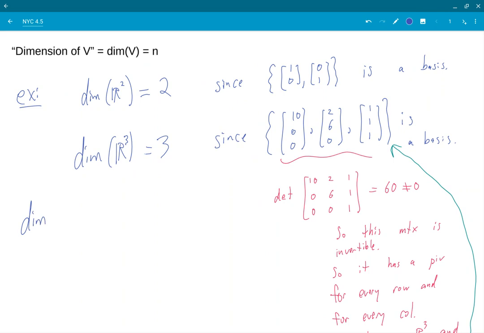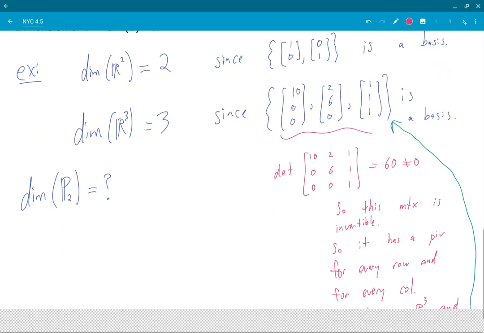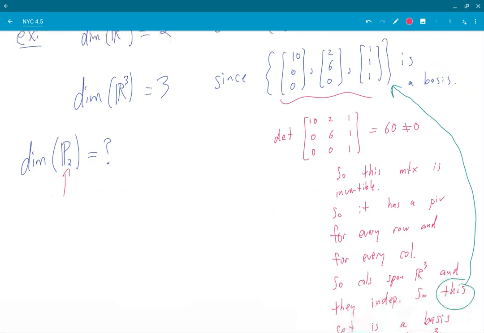How about something like polynomials of degree at most 2? Well, let's get a red pen out again here. A very simple basis is you take 1, t, and t squared.